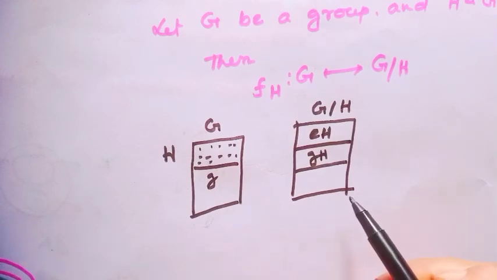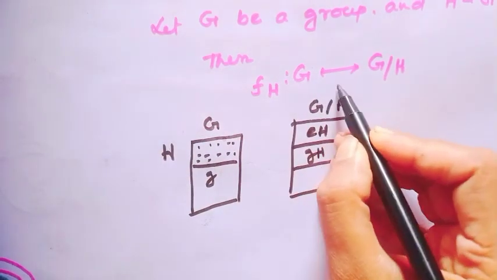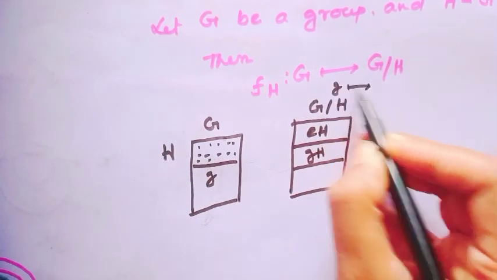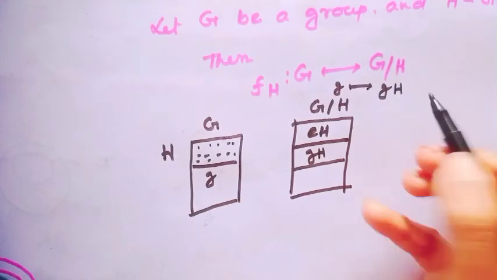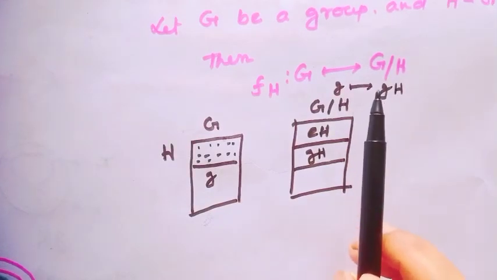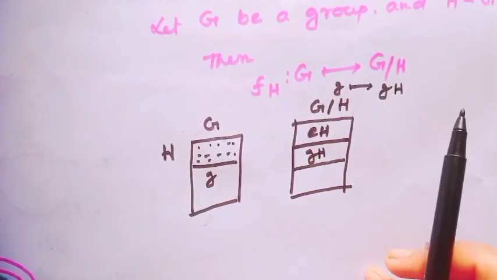So the map is defined as g maps to g times H. That means every element of the group maps to a coset.